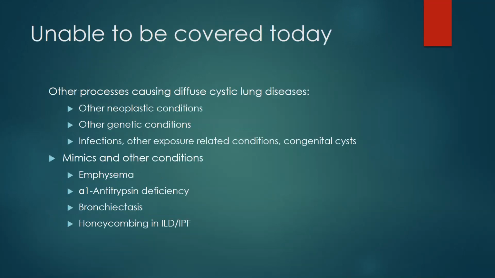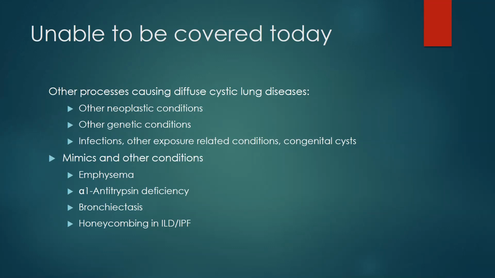Unfortunately, just due to time constraints, we won't be able to cover other processes, especially neoplastic conditions, including sarcomas, adenocarcinomas, metastatic diseases, other genetic conditions, including neurofibromatosis and Ehlers-Danlos syndrome, and then infections, including PJP, staph pneumonias, and endemic fungi, which all can cause cystic lung changes.